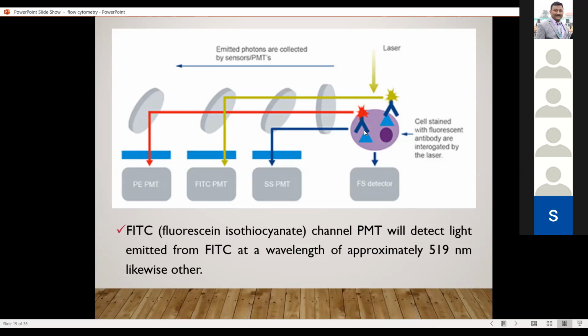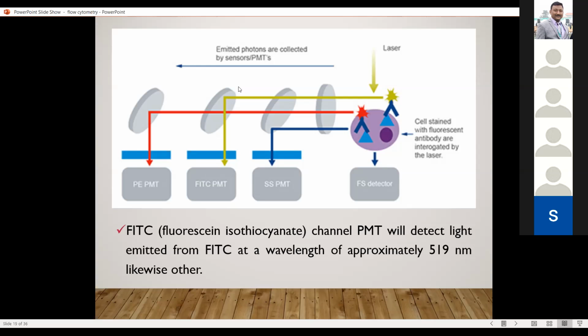So what will happen is that when these antibodies start emitting light, it passes straight through the filters present at the initial stage, but this one is particularly designed to reflect this kind of wavelength. This is specific to the FITC PMT.